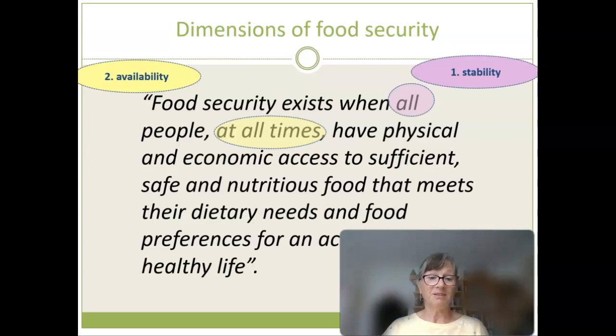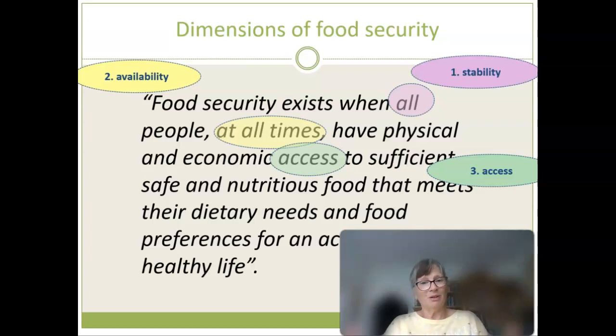The third aspect to consider is access. This is about whether the individual can get that food that is available. Is it accessible to them? It might be that you have an elderly person who can't drive in a rural area where the local shops have all closed and there's only an out-of-town supermarket, which requires a car to get to.